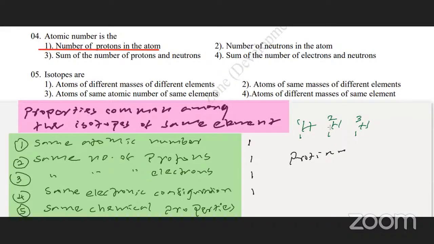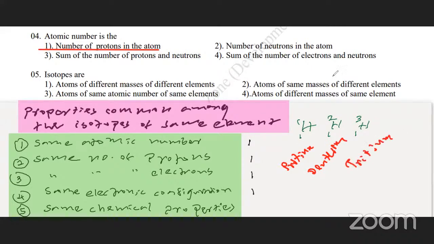Okay, done. Now hydrogen. Mostly in the exam they ask about the isotopes of hydrogen. The first isotope is called protium, the second isotope is called deuterium, and the third isotope is called tritium.